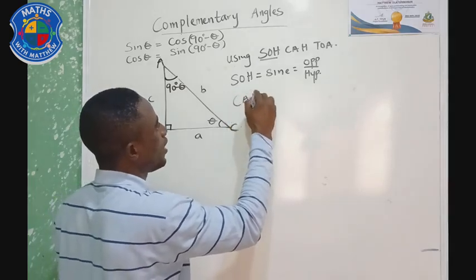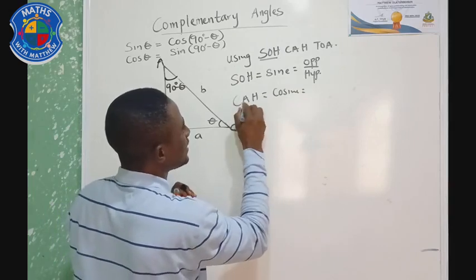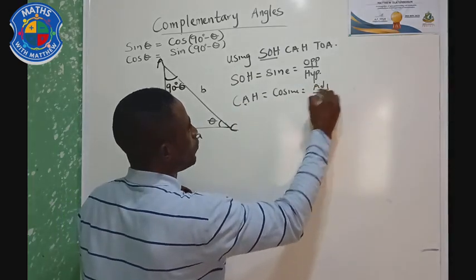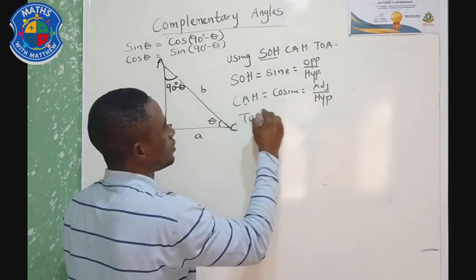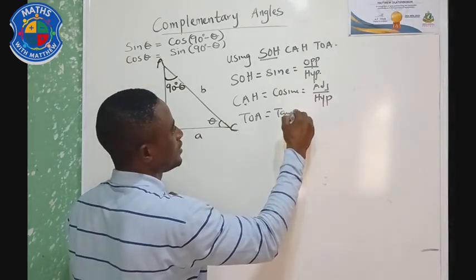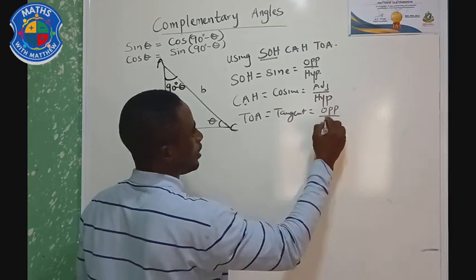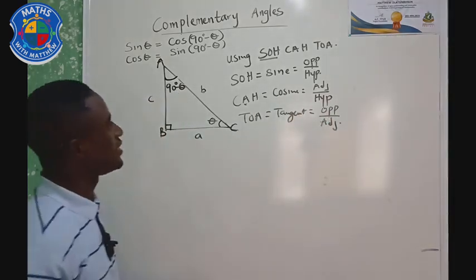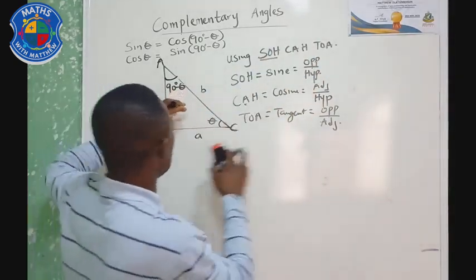While our CAH is cosine, which is adjacent over hypotenuse. Then our TOA is our tangent, which is opposite over adjacent. So this is what we want to use. These are the things that we need to solve whatsoever we want to solve here.